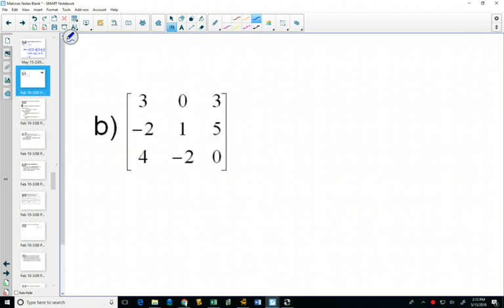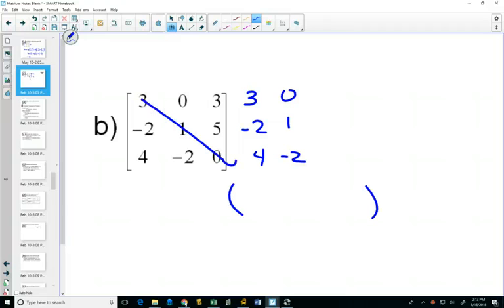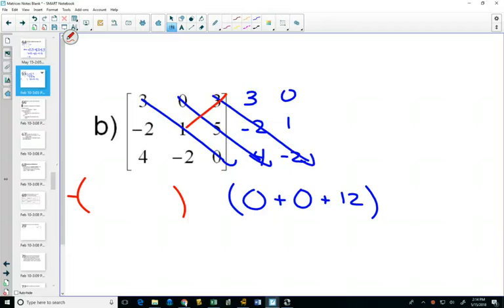All right, I like it when there's zeros, because then I always put a set of brackets here with a negative out in front, and then I'll go 0 plus 0 plus 12, and this way 12 plus negative 30 plus 0.